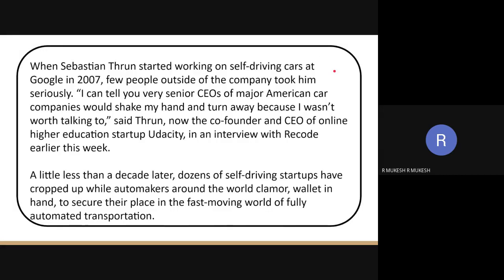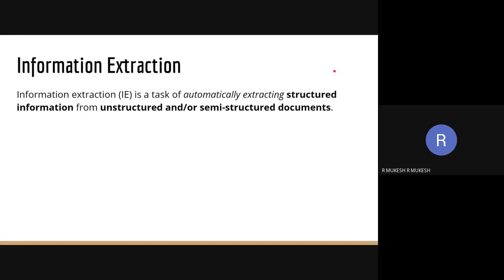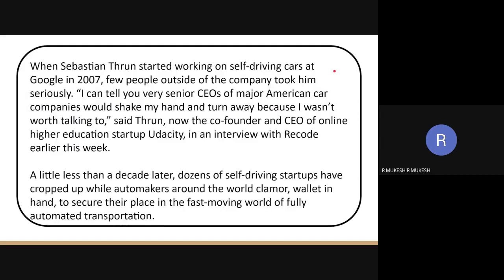How do we automatically extract structured information from unstructured text or documents is what information extraction is all about. This process involves multiple subtasks, which we will be looking at along the way.